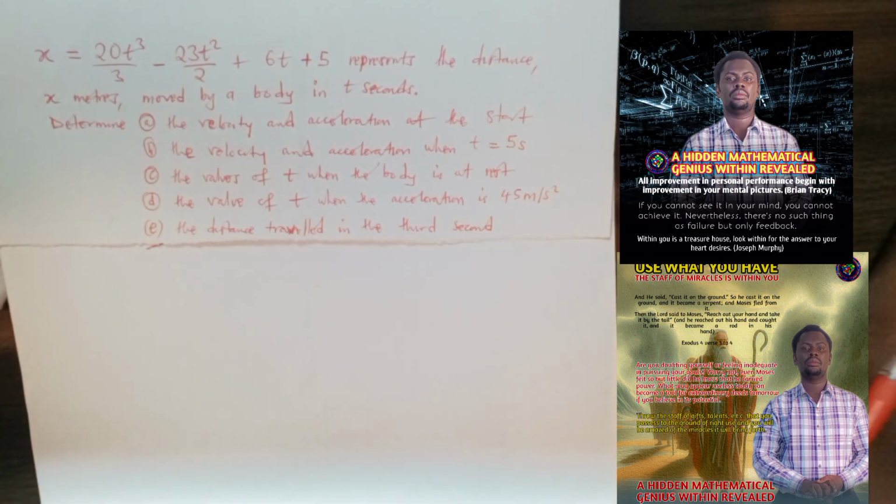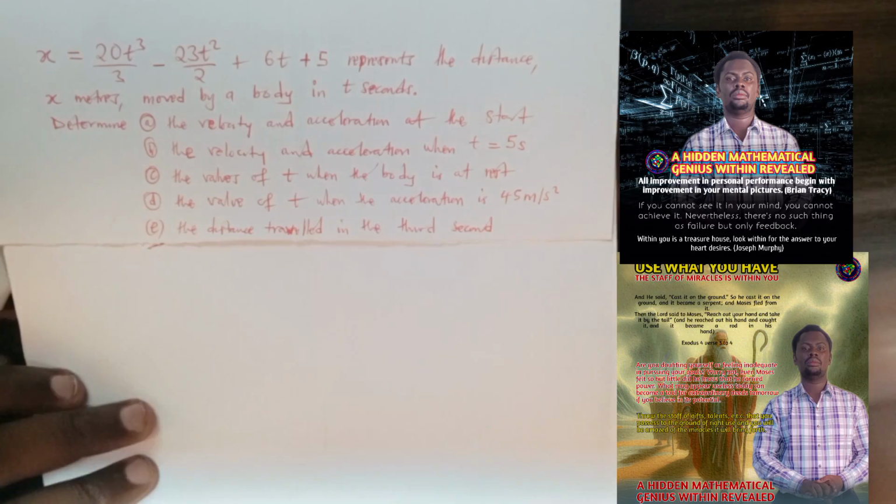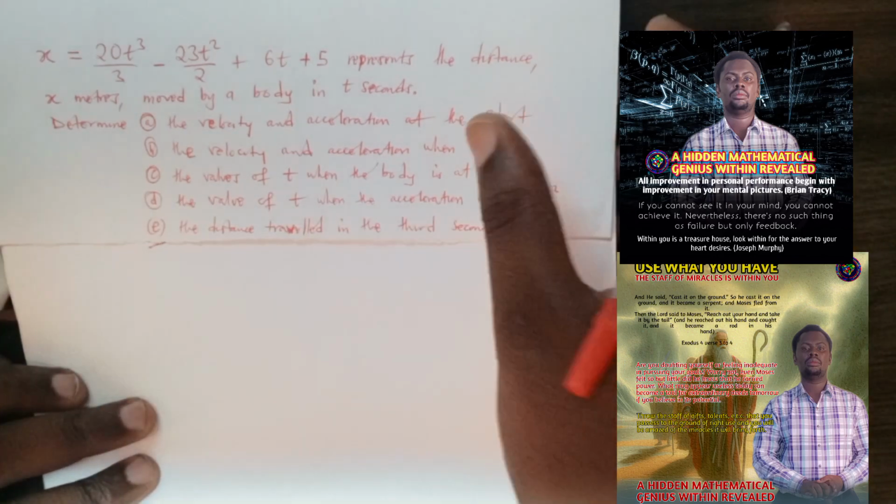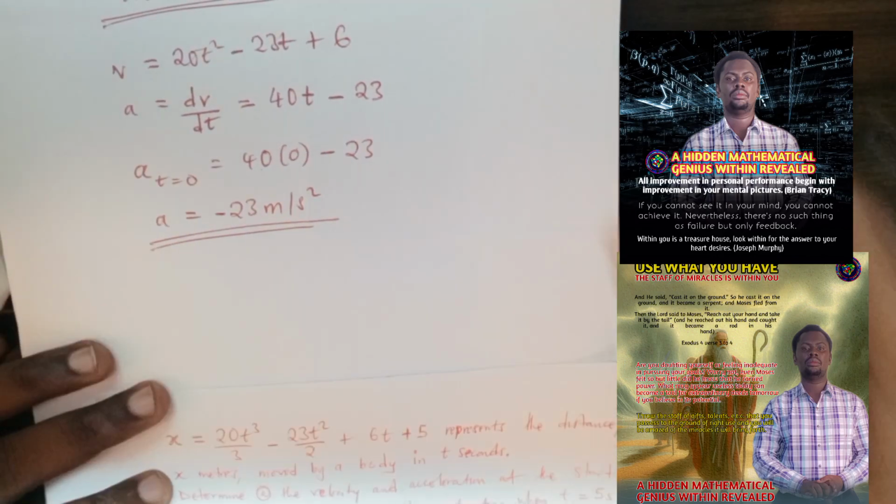Okay, B, you find the velocity and acceleration when t is equal to 5 seconds. Okay, so this is simple. We already have the function for velocity and acceleration. So we have velocity when t is equal to 5 seconds.